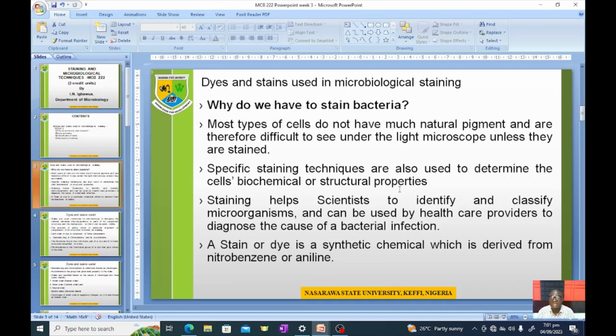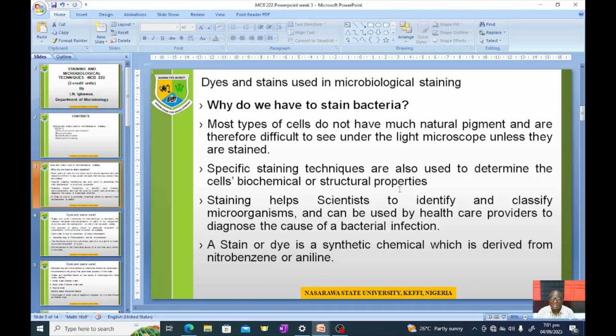And staining also can be used by healthcare providers to diagnose the cause of bacterial infection. As said earlier, tissues can be examined when stained, and the causative agent or organism that is the problem can be visualized following staining when examined under a microscope.